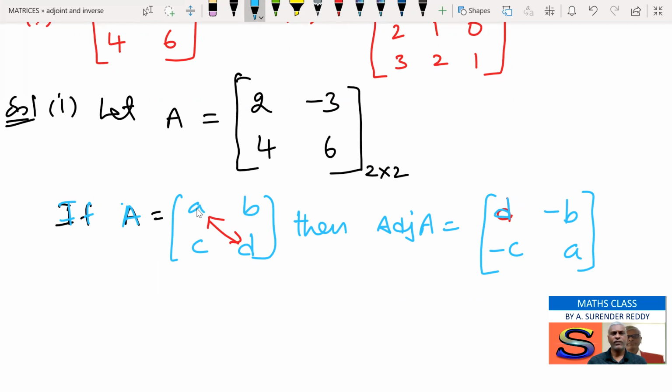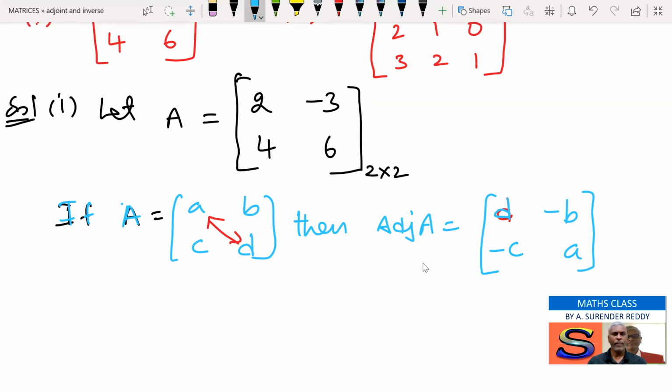We are interchanging the first diagonal, and sign changing the second diagonal. ఈ మొదటి కర్ణము పరస్పర మూలకాలు మారుతాయి. ఏ ప్లేస్లో డి వస్తుంది, డి ప్లేస్లో ఏ వస్తుంది. అండ్ ఫర్ బీసీ we change the sign, plus b becomes minus b, plus c becomes minus c. So this is how we find adjoint of a 2 by 2 matrix.